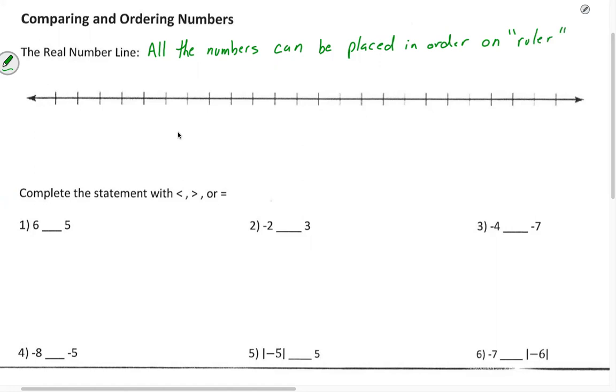If you think of a ruler, you have 1, 2, 3, 4, 5, and then you have all those little places in between.